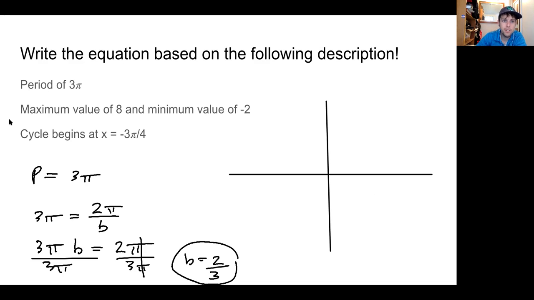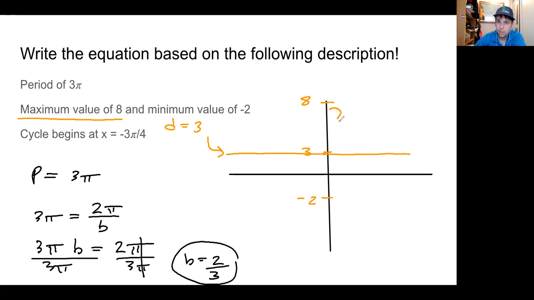The next thing we have here is the maximum value of 8. So our height is going to be 8. Our minimum here would be -2. That's minimum. Equilibrium is going to be in the middle of that. So if I average those together, it would actually be at 3, would be our midline. So that means that our D value is going to be 3 based on where the midline is.